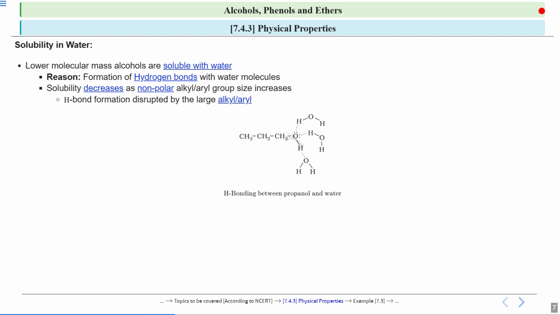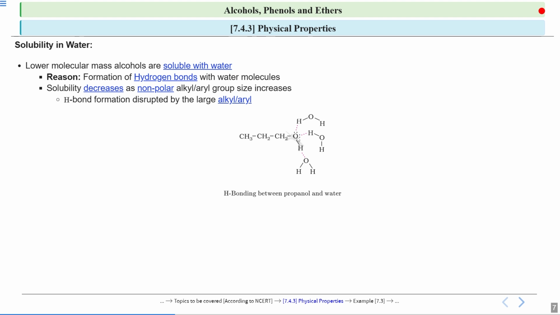In the propanol molecule, this shows the hydrogen bonding between propanol and water molecules. The red dots which you can see show the hydrogen bonding. Now you all know that the oxygen-hydrogen bond is a polar bond, because oxygen is more electronegative, so it will withdraw the electron density from this hydrogen, and it will acquire a partial negative charge, and hydrogen will acquire a partial positive charge.